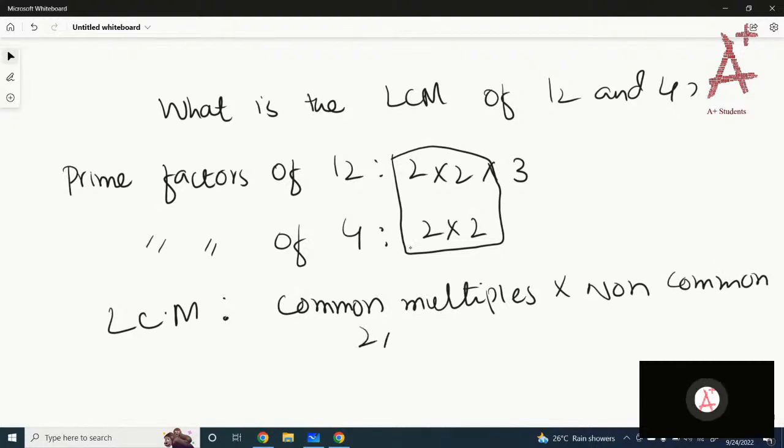So 2 times 2 is a common multiple and the non-common multiple is just 3. So just multiply all the common and non-common multiples. Got it? 2 times 2 is 4 and 4 times 3 is 12. So the LCM for 12 and 4 is 12.